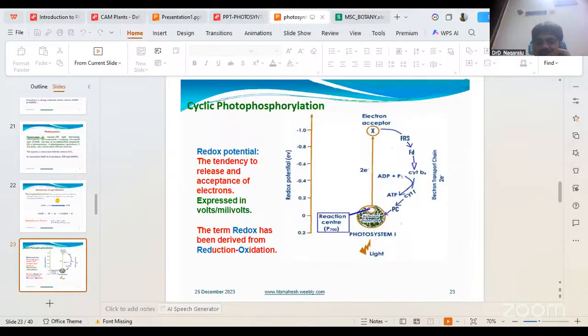One ATP forms from two electrons. Each electron forms one ATP. And then the electron goes to plastocyanin, the interlinking carrier protein. It carries the proton and electron from one to the other. Here is the outer side of the thylakoid membrane.